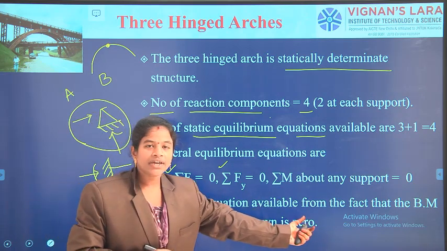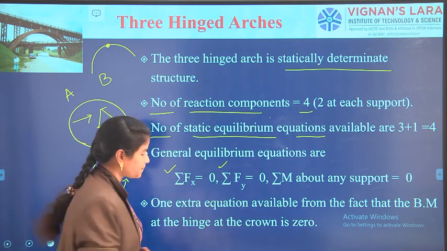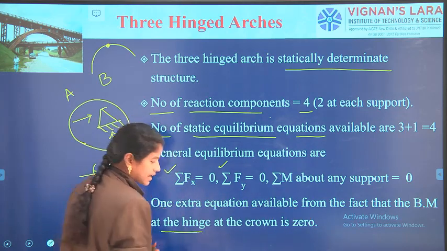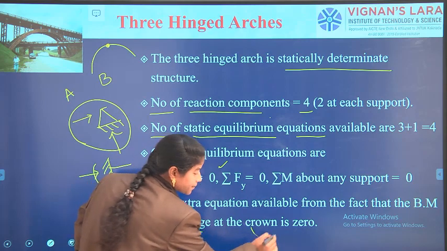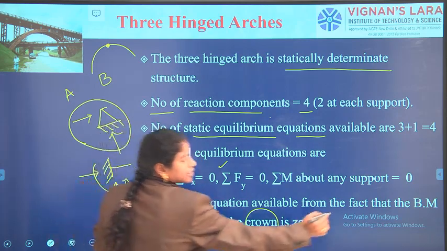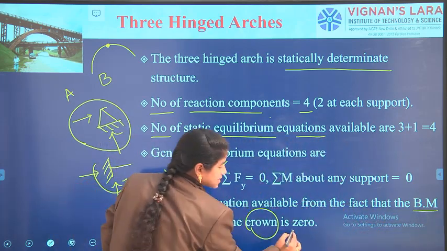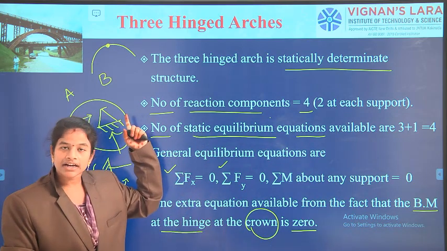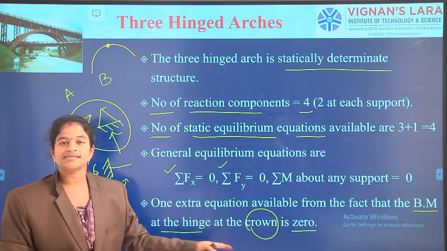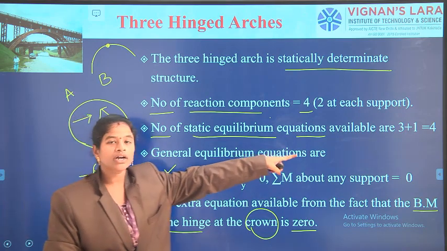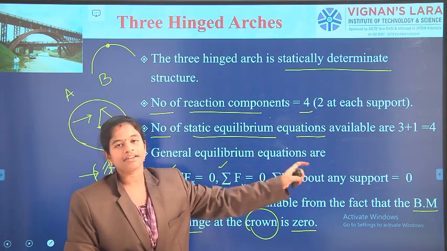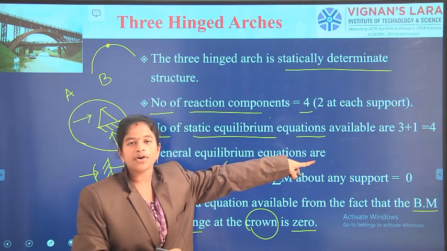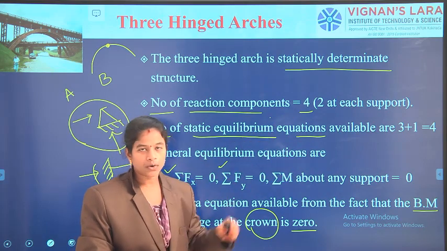So the new equation we got from that is, at the hinge which is located at the crown, the bending moment is 0. That's why we have got another static equilibrium equation. Using these 4 equations, we can get 4 unknowns, right?